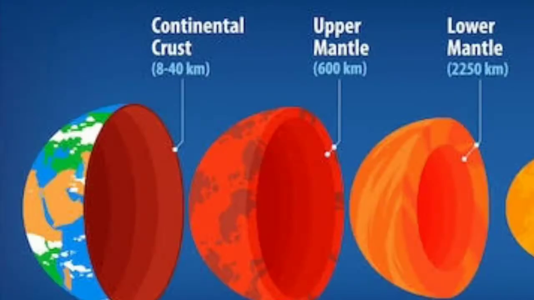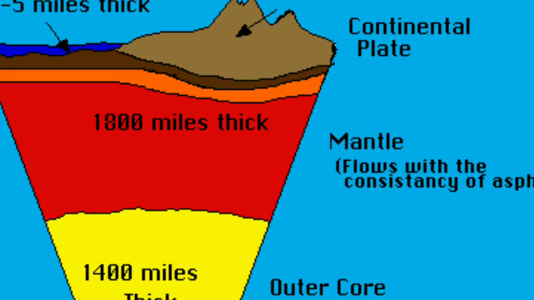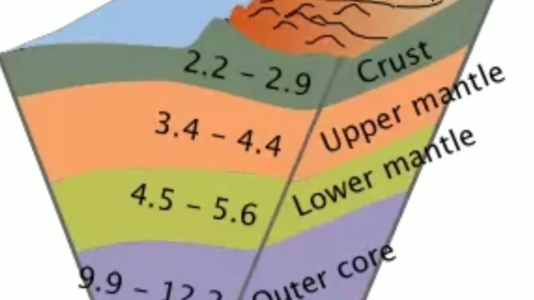Now we'll be discussing the mantle, which is the middle layer of our Earth. It lies between crust and core. The extent of mantle is approximately 2,900 kilometers. Its density ranges from 3.5 to 5.5 gram per cubic centimeter.